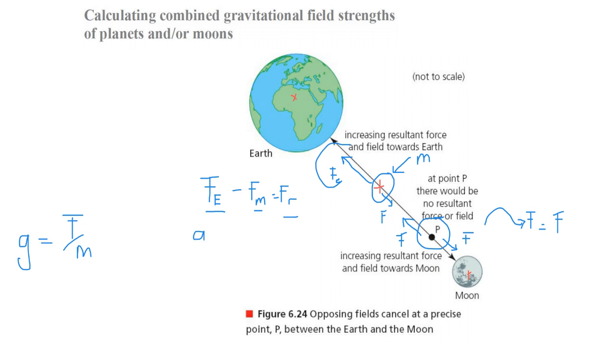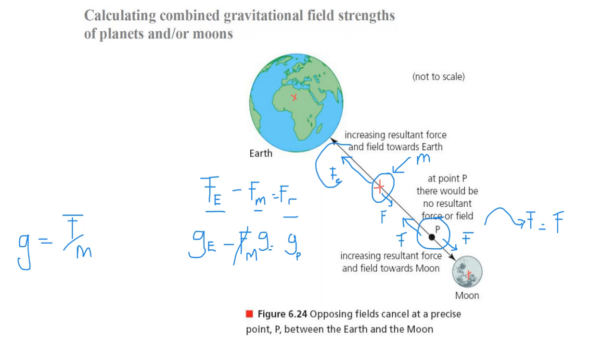And so therefore you would do the same calculation. The gravitational field strength due to Earth minus the gravitational field strength due to the Moon would give you your resultant. That should be a g, gravitational field strength due to the Moon. And that will give you your resultant force per unit mass, gravitational field strength on P.